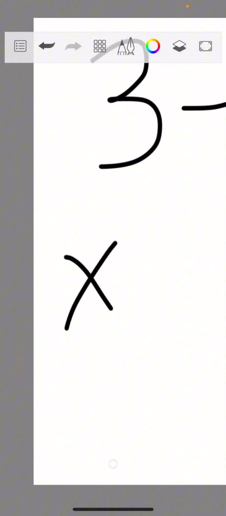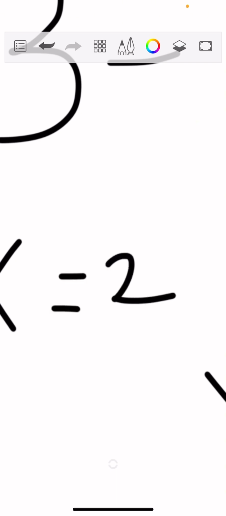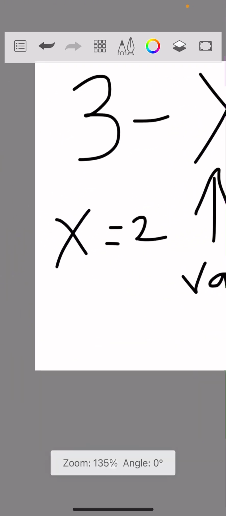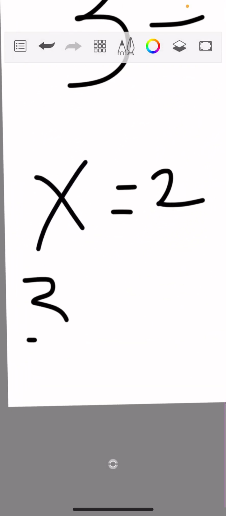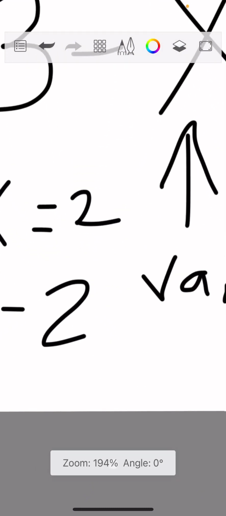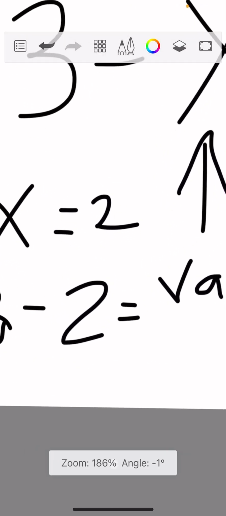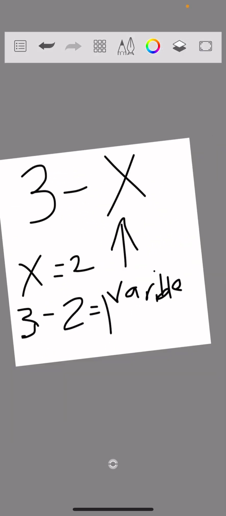Based on the problem, they'll give you a certain number that x represents. Like, let's say it's 2. What you need to do is replace x with that number. So that would be 3 minus 2, and that answer would be 1.